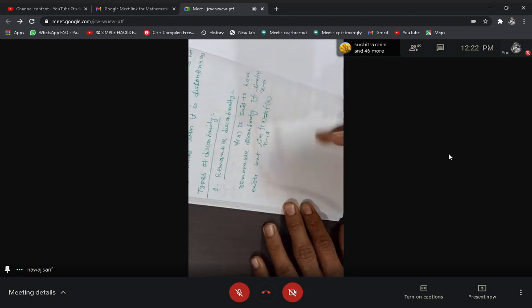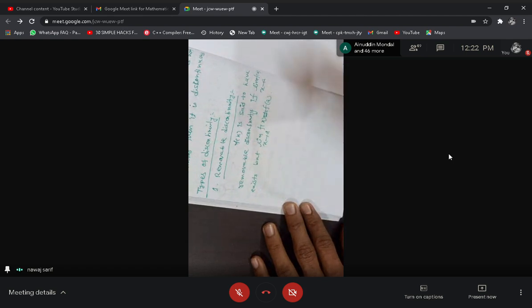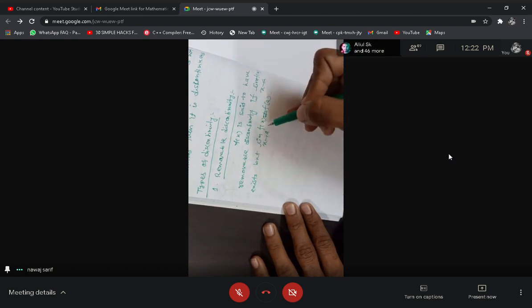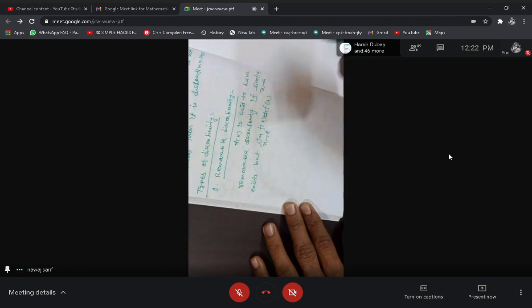Okay, so understand what removable discontinuity is. The limit of this function exists, but the value of that limit is not equal to the value of the function. Then this type of discontinuity is called removable discontinuity.